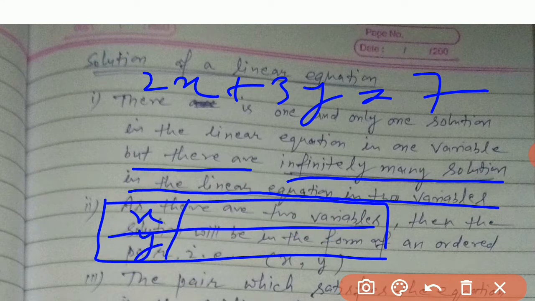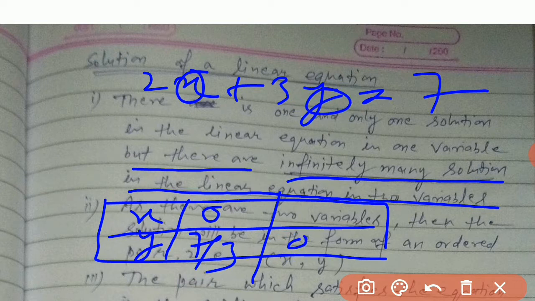When you put x equal to 0, then you will get y equal to 7 by 3, and if you put y equal to 0, then you will get x equal to 7 by 2. And similarly, if you put x equal to 1, you will get y, and so on. There will be infinite number of solutions.